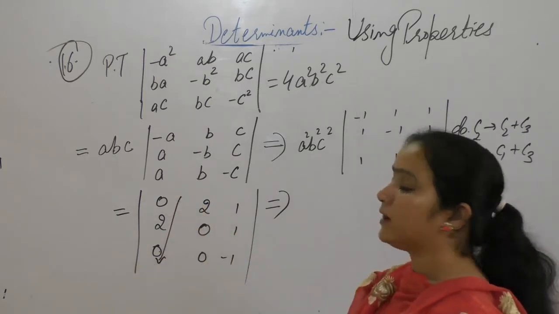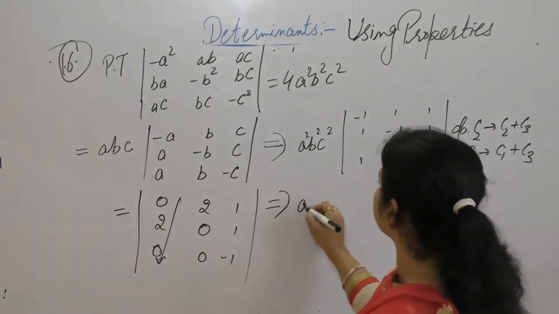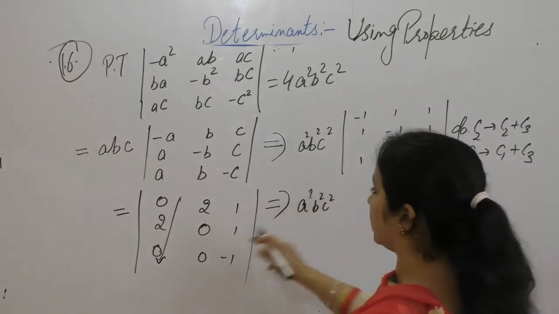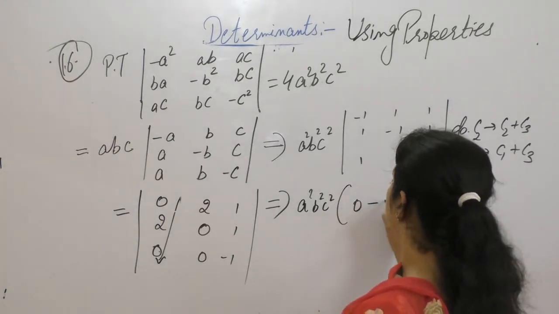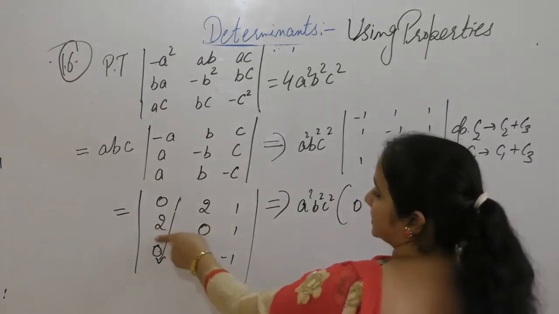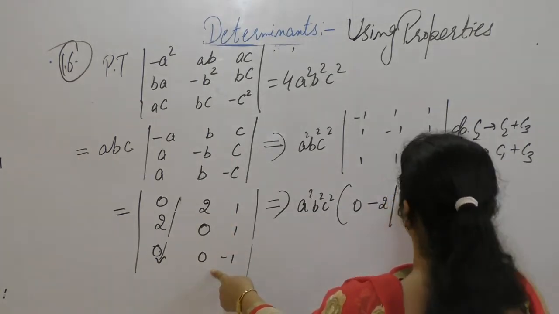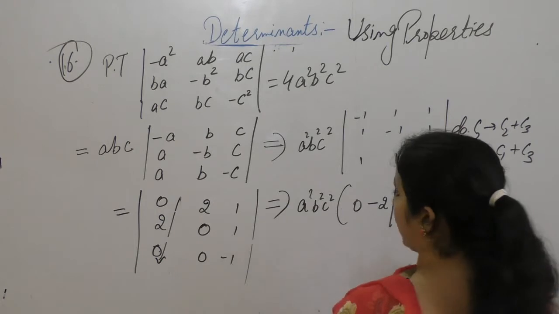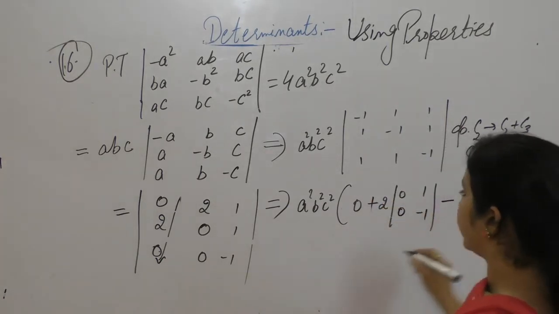We can expand it along this column because it has the maximum number of zeros. A square, B square, C square, 0 into something, 0. Next term is minus 2 into the second row and second column, minus 0 into something.